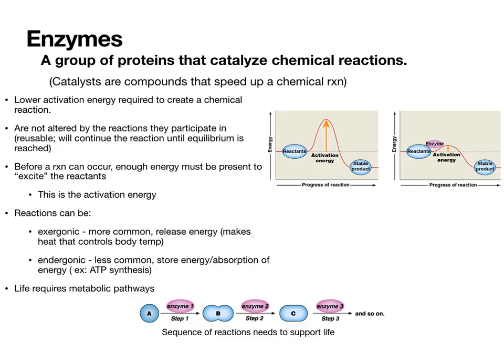This is an example of ATP synthesis. Life requires these metabolic pathways. So this is an example of a metabolic pathway. We have a substance A, and we have that reactant, that enzyme, and substance B. So there's another enzyme too that creates from B to C, and then C will react with enzyme 3 to create D, and so on and so forth.